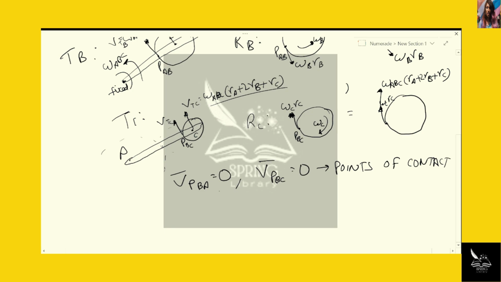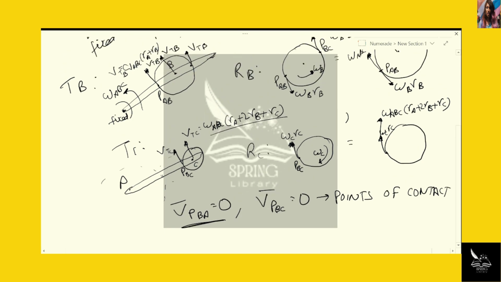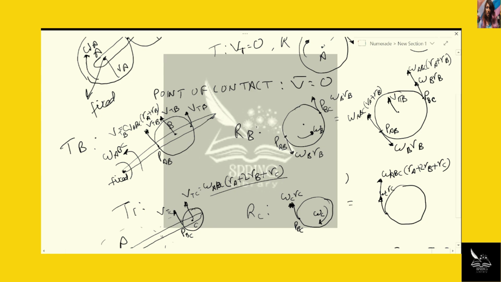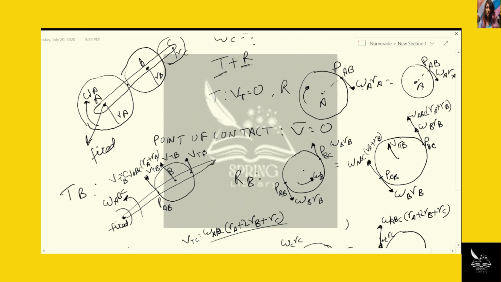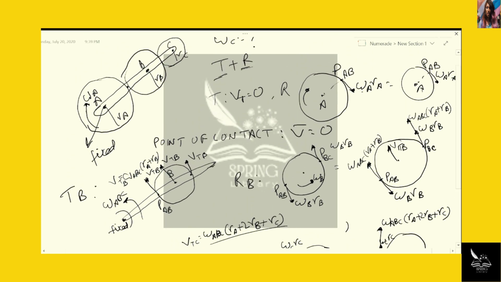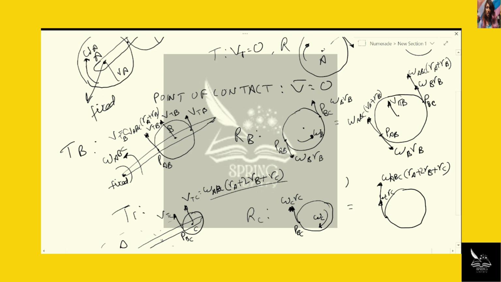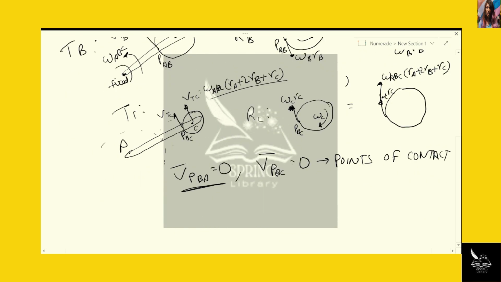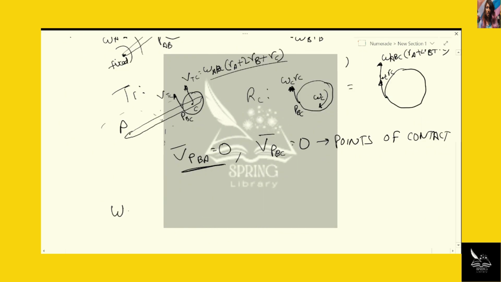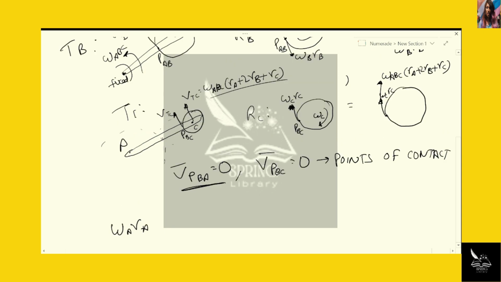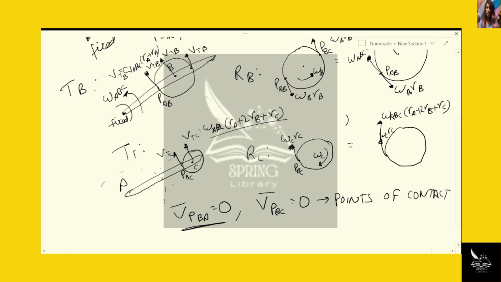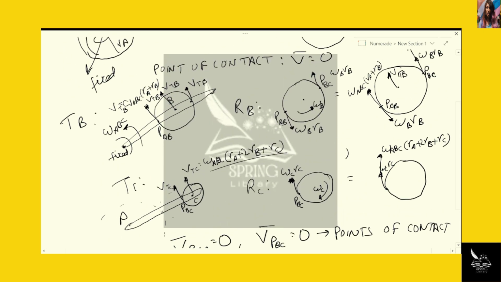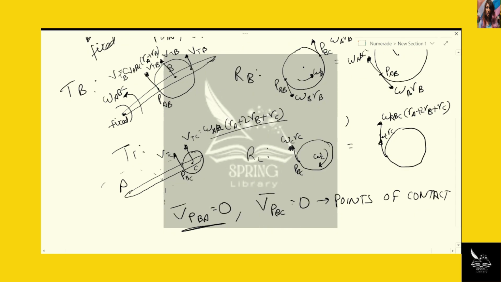For gears and for rolling without slipping, points of contact must have net velocity 0. So writing down the net velocities for PBA, let us see what we have. From disk A, we have omega A RA, and then from the motion at B, we get omega B RB in the same direction.